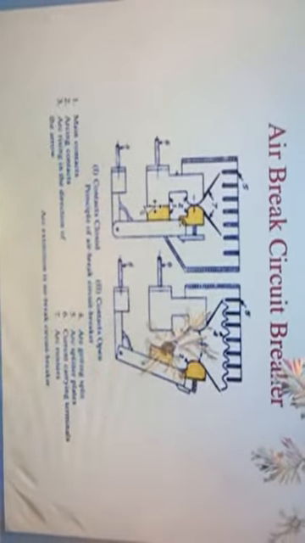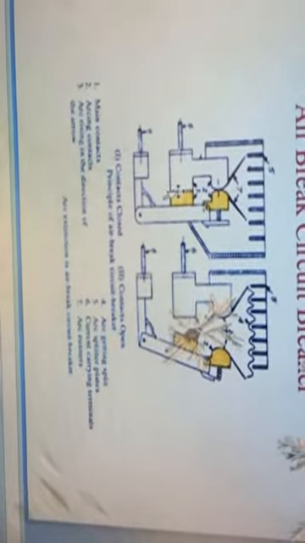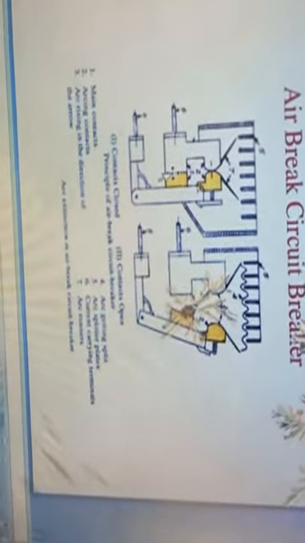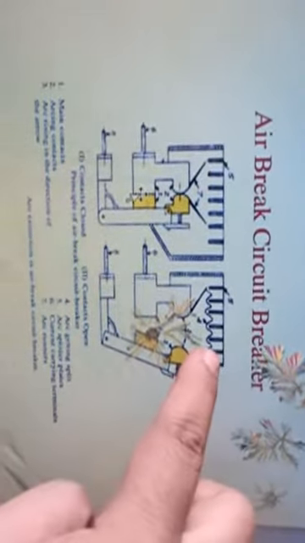The current is shifted to the arcing contact. The arcing contact dislodges later and an arc is drawn between them. This arc is forced upwards by electromagnetic forces and thermal action. The arc ends travel along the arc runners. These are the arc runners.